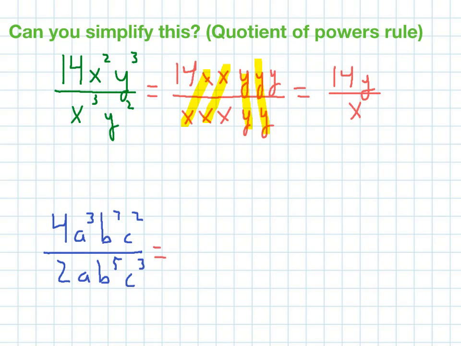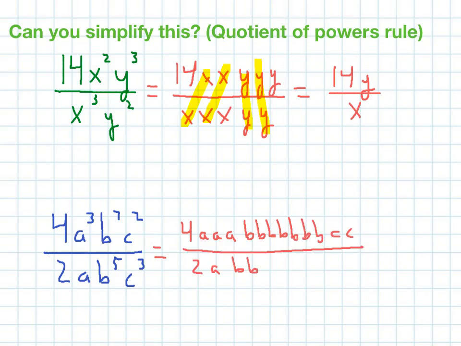Let's try it again. I'm going to expand this one to be 4a times a times a, 1, 2, 3, 4, 5, 6, 7 b's and 2 c's. And then I've got 2a, 1, 2, 3, 4, 5, and 3 c's. Again, I want to try to match up things that can cancel because we are working with a division idea. So those are gone. I can take out 5 of these.